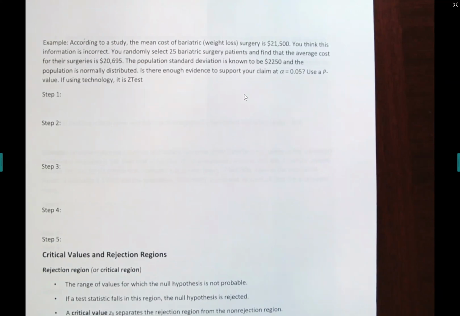You randomly selected 25 surgery patients and find that the average cost for their surgeries is $20,695. The population standard deviation is known to be 2,250, and the population is normally distributed. Is there enough evidence to support your claim at alpha equals 0.05? Use the p-value. If using technology, it is z-test. Okay, guys, can you first of all tell me what the null and the alternative hypotheses are?